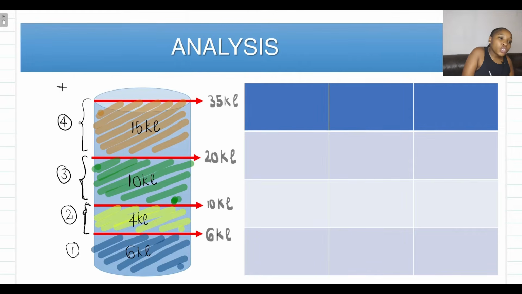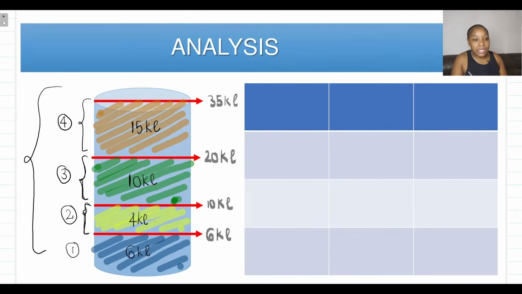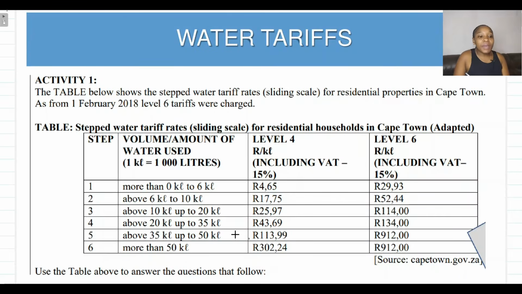And in total, how many kiloliters of water have we added to this JoJo tank? We've added 6 plus 4 plus 10 plus 15 kiloliters of water to give us 35 kiloliters of water. So that is the best way that I can explain what is going on in those intervals.